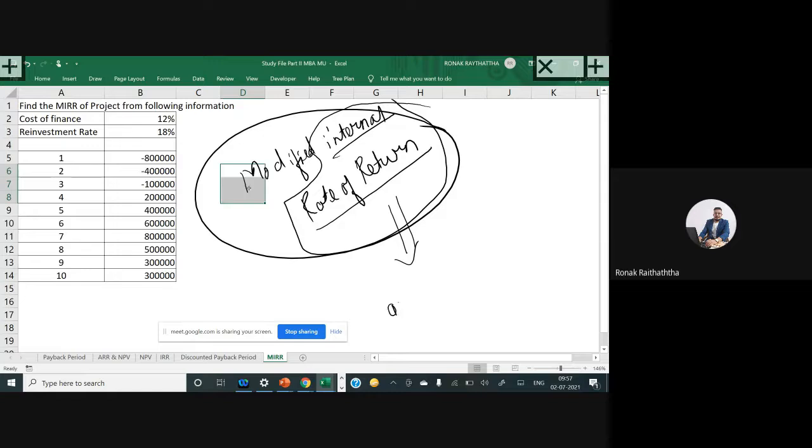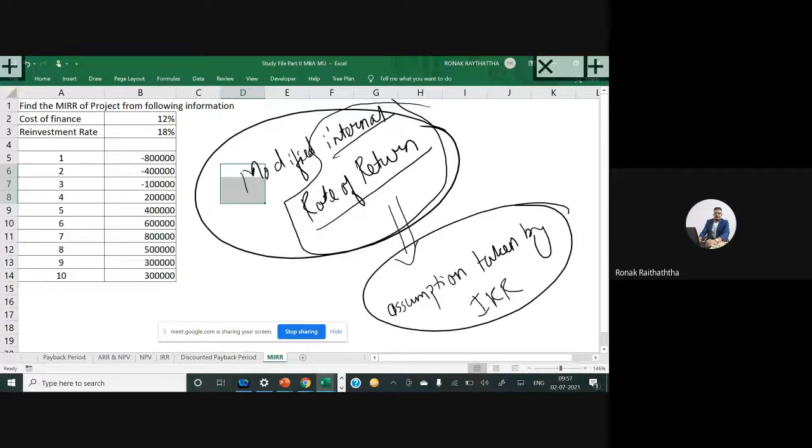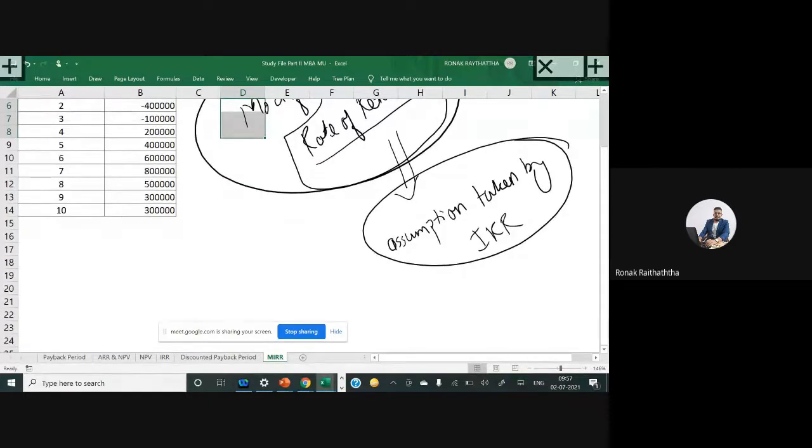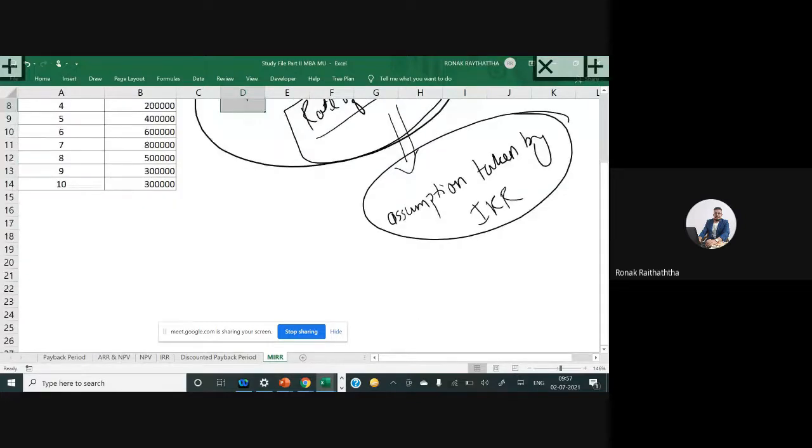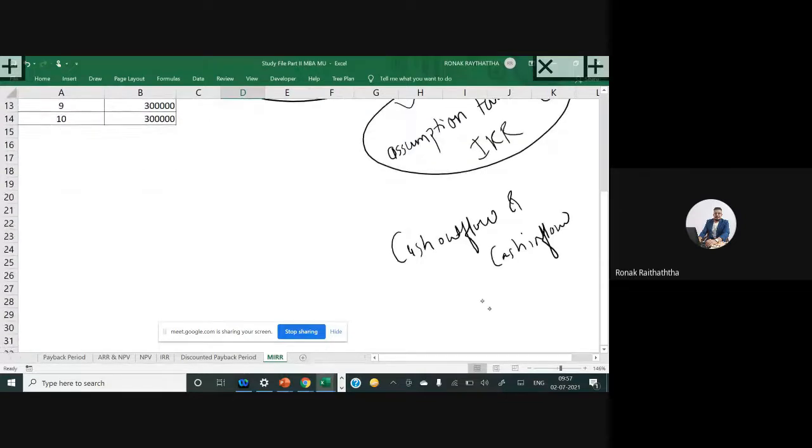The fundamental assumption taken by IRR is the problem with IRR. Now, what is the assumption taken by IRR? See, IRR puts cash outflow and cash inflow both on the same paper.